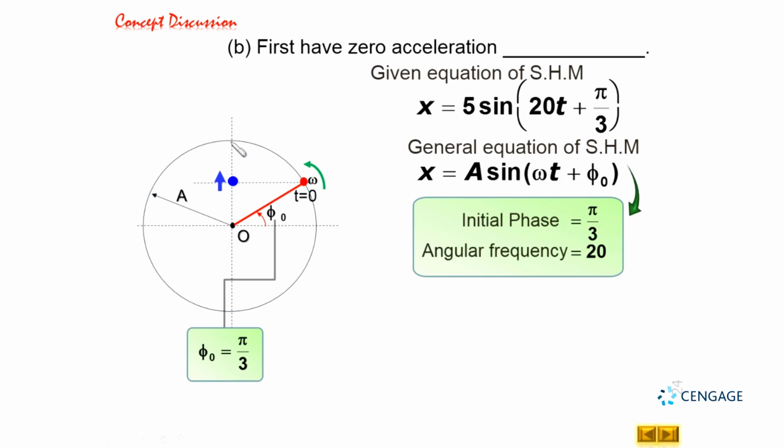The particle first will reach this point where the speed of the particle becomes 0, but at the positive amplitude position, that is the +a position, the acceleration of the particle is maximum and it is toward the mean position. Because of this acceleration, the particle will start moving toward O, and when it reaches O, that is the mean position, the speed of the particle will be maximum and the acceleration of the particle will be 0.